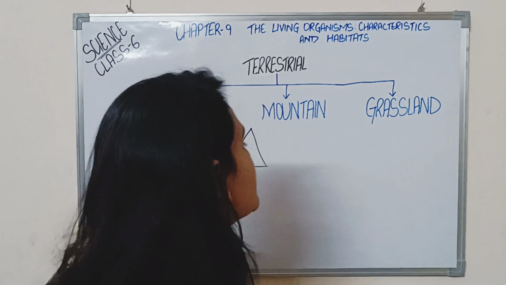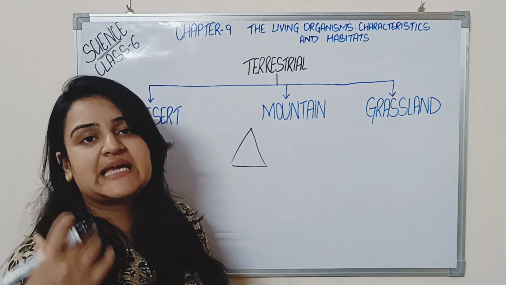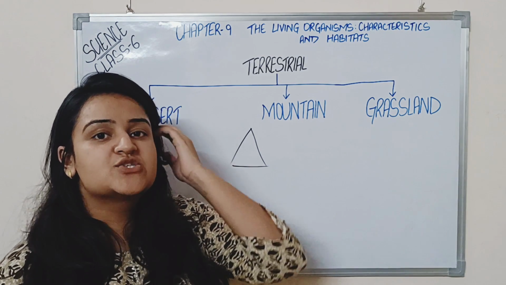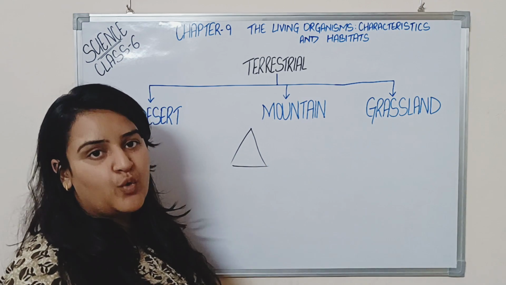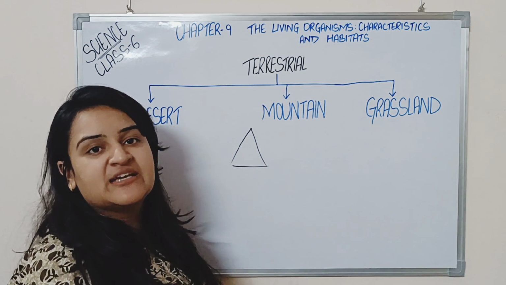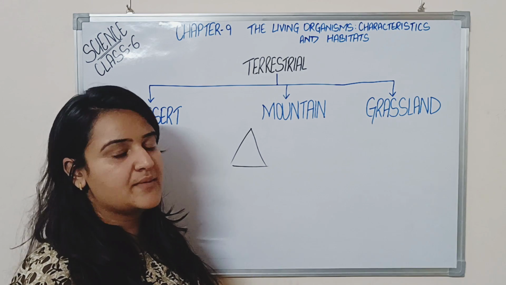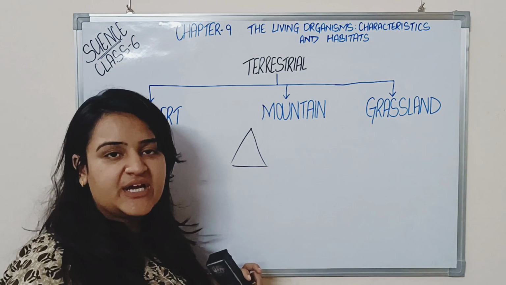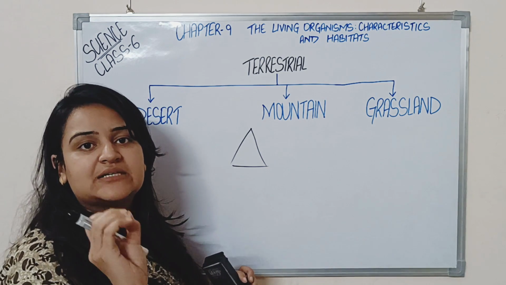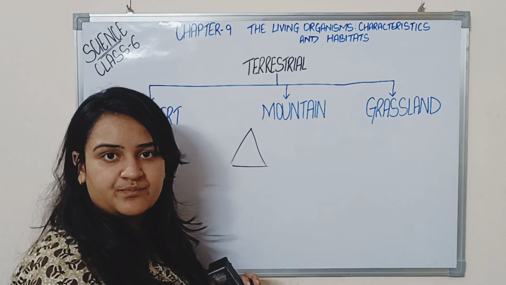This is because when it starts drizzling, when rain pours or it snows, if snow or rain water is collected on the leaves, it is not going to be beneficial for the plants. So the shape of the plant is conical, so that the rain droplets or the snow fall down.